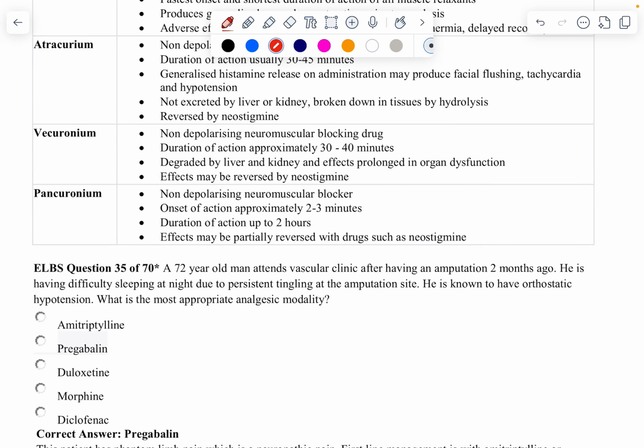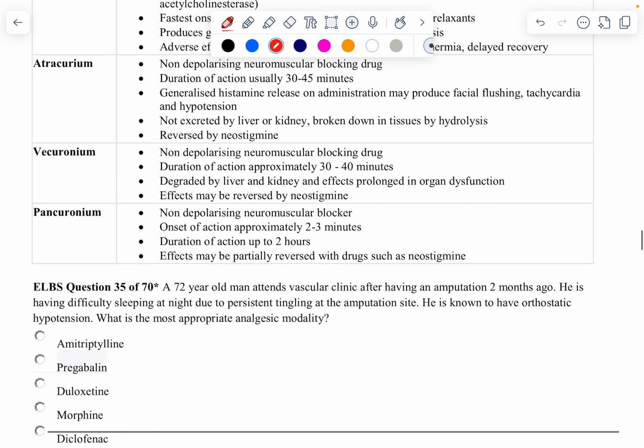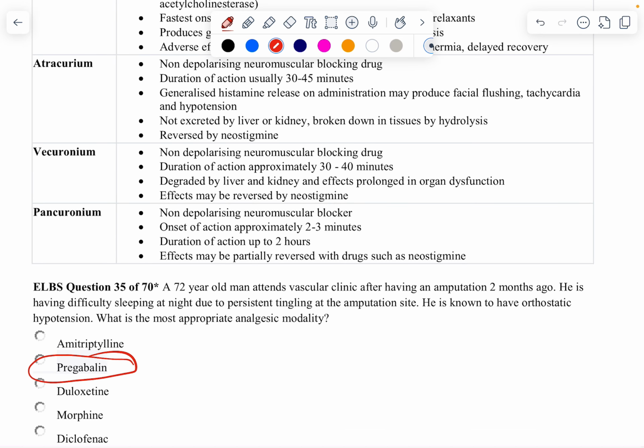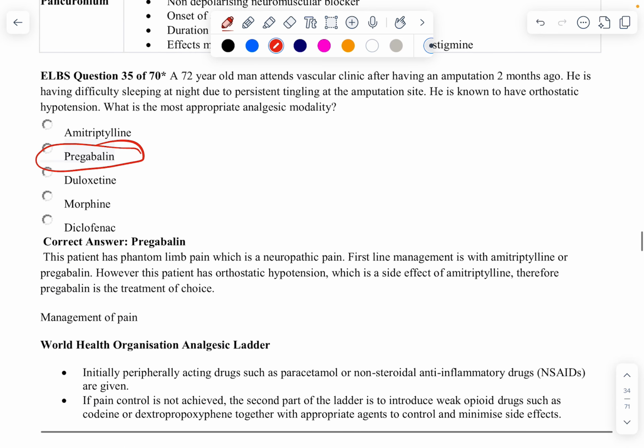A 72-year-old man in vascular clinic, having had an amputation 2 months ago, is not sleeping at night due to persistent tingling at the amputation site. What is the most appropriate analgesic? Now, this is phantom limb, neuropathic pain: pregabalin, duloxetine, morphine, everything is given.